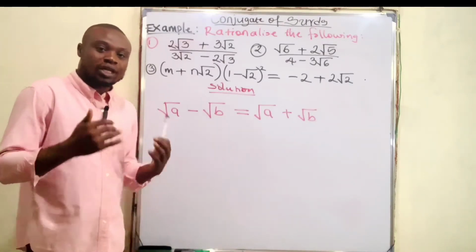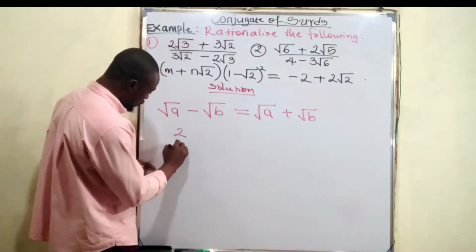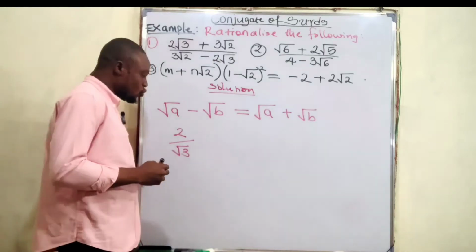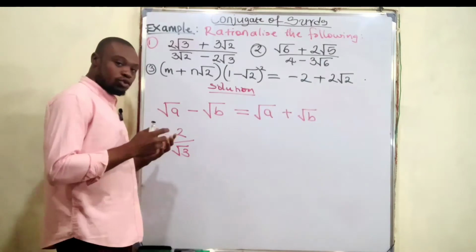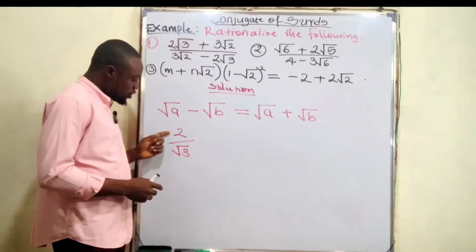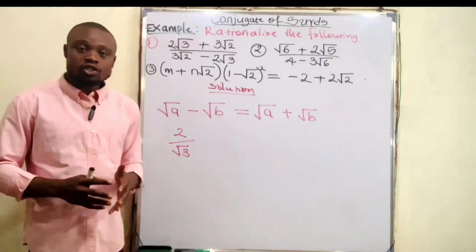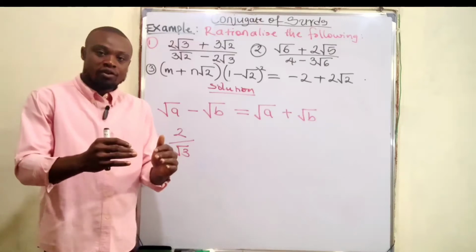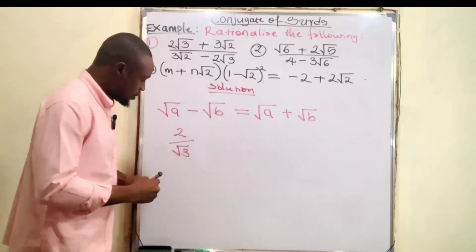Now, what is the rationalization of a surd? To rationalize a surd, for example, let's say we're given 2 over root 3. How do we rationalize it? Also very simple. Just use the denominator. This is the numerator of the surd, and this is the denominator. So we basically multiply both the numerator and the denominator by the denominator.